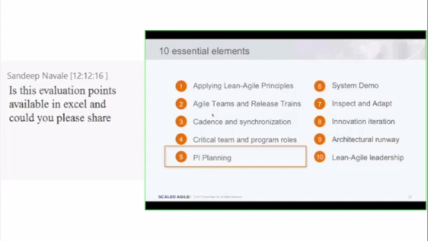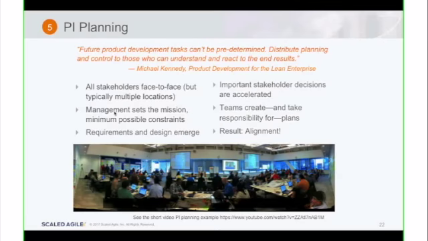So the PI planning, or in some organizations they call it big room planning. This is one of the seminal events of the Scaled Agile Framework and also the other scaling frameworks. This is one that you really can't shortchange. And I see companies doing it a lot, but this is where the entire team, all the stakeholders, all the engineering teams, test, shared services, basically the entire value stream gets together and plans for a period of time.